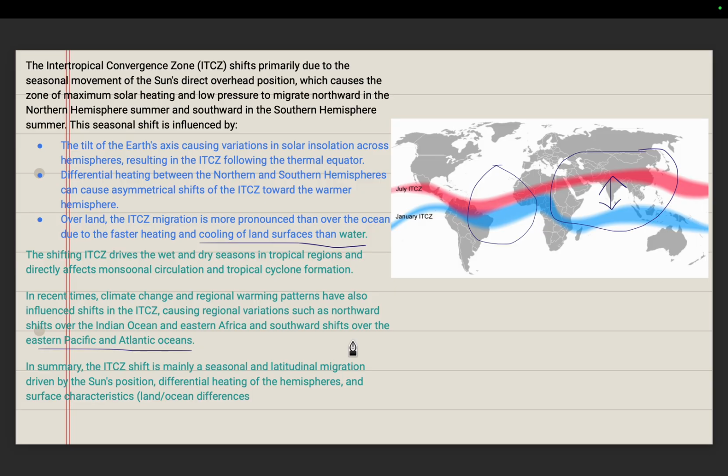In summary, ITCZ shift is mainly seasonal and longitudinal migration driven by the sun's insolation received by the earth and the differential heating of the hemispheres over the land mass.